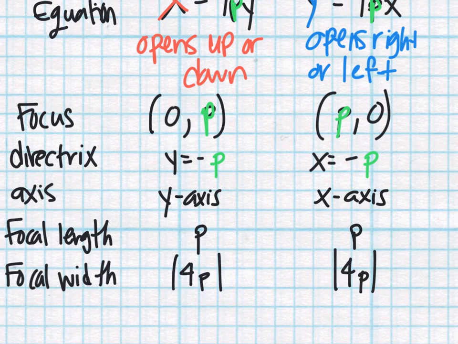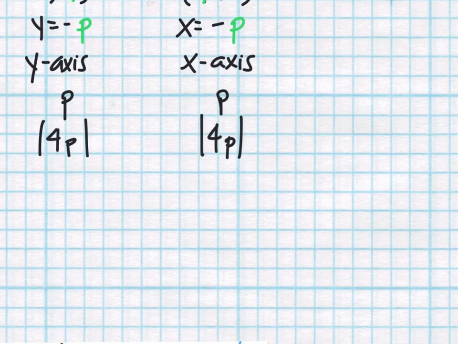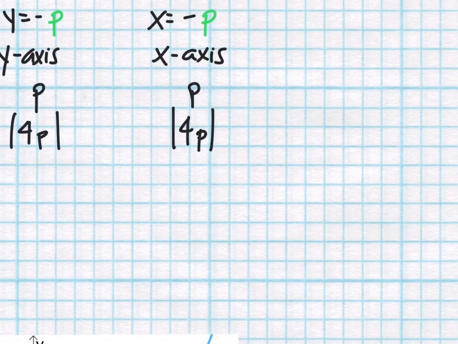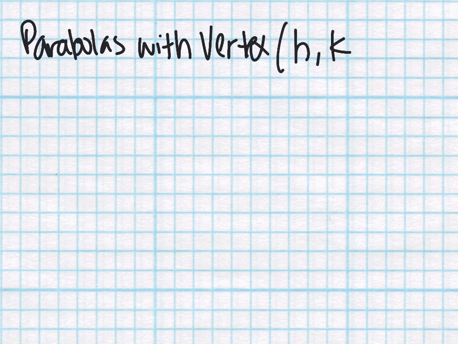That's all cool, Miss Calgill, but we don't usually have things that have just so simple as a vertex of 0, 0. You are correct. So let's look at what all this looks like for parabolas with any other vertex. So, parabolas with vertex h, k.